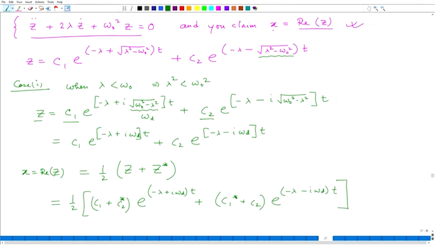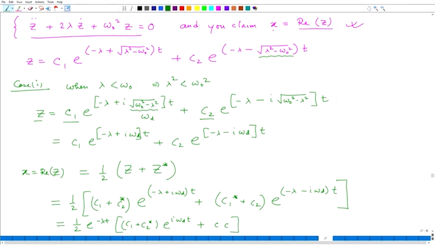Now, if you do this again carefully, you will see that this e to the minus lambda t is a real quantity, so it can come out. Within the bracket you will have C1 plus C2 star times e to the I omega d t plus the complex conjugate of this thing.